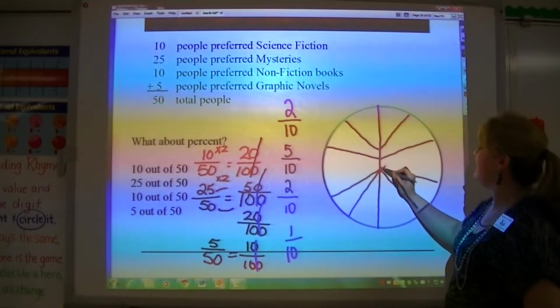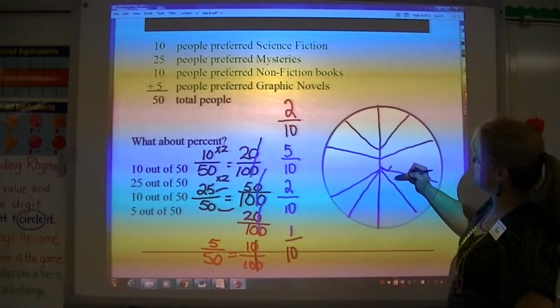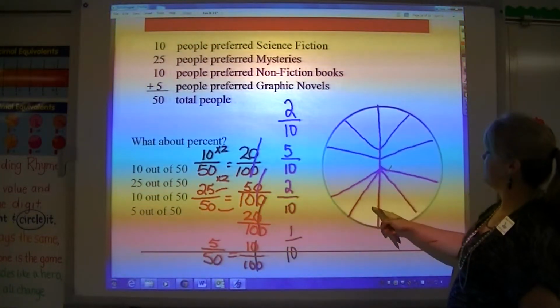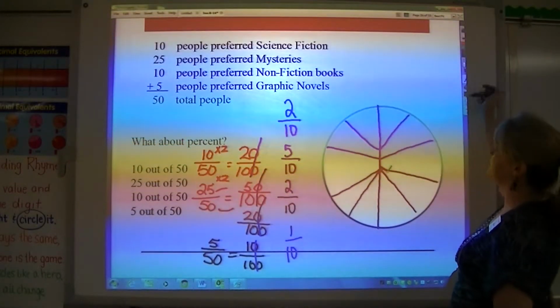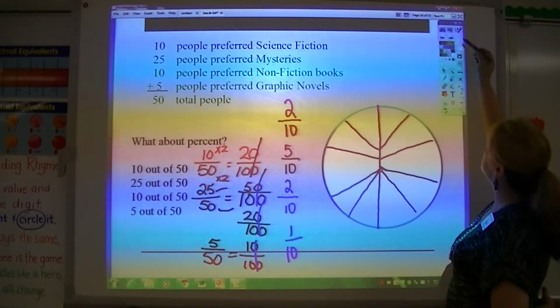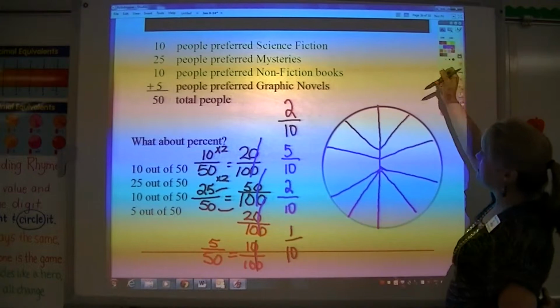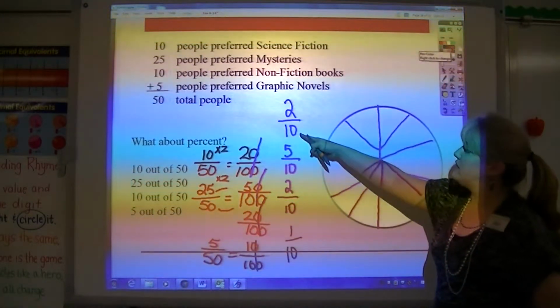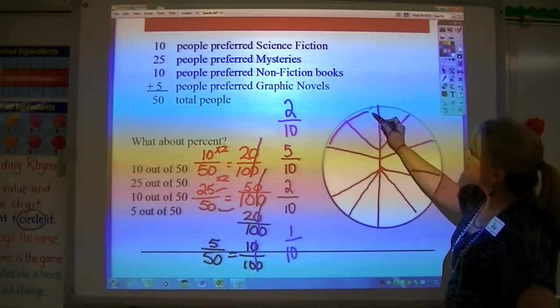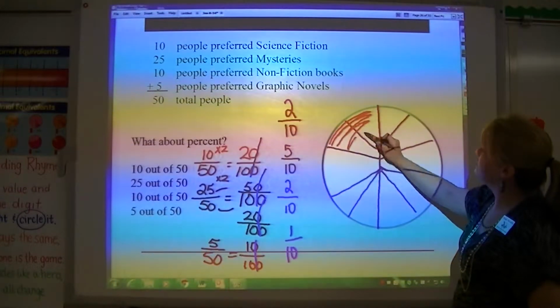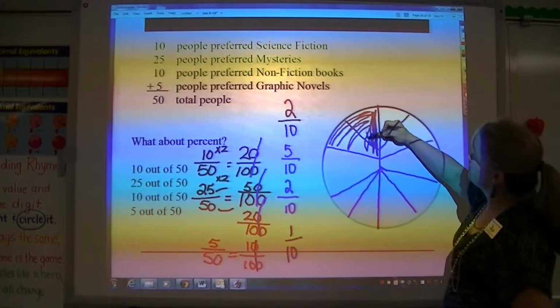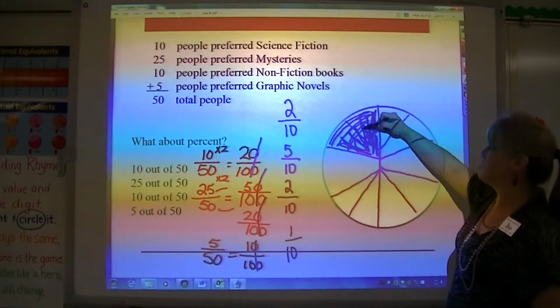So now I have a circle with 10 pieces. 1, 2, 3, 4, 5, 6, 7, 8, 9, 10. If 10 people like science fiction, that's 2/10 of the circle that like science fiction.